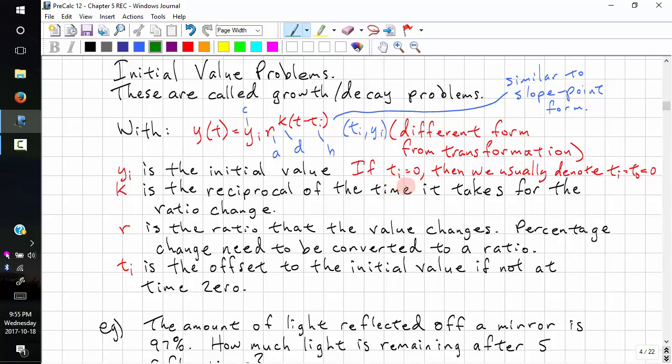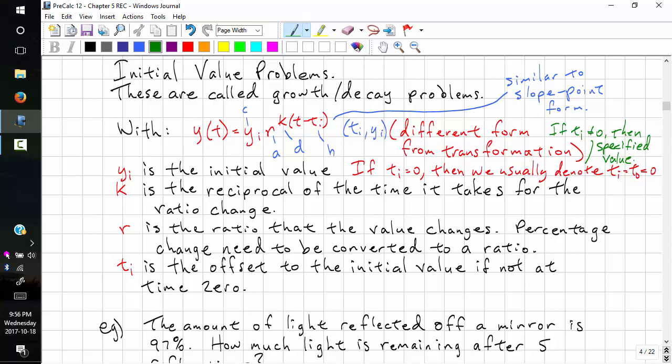And if ti doesn't equal 0, then it's just our specified value. Specified value meaning our given point.